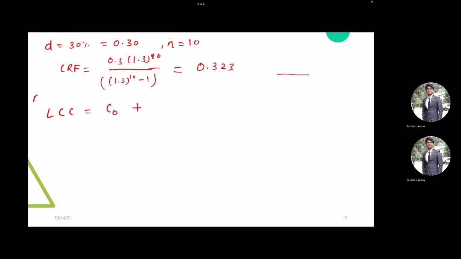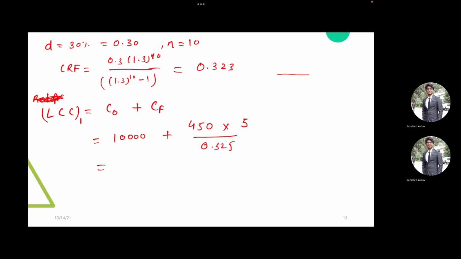Now, the life cycle cost, if you calculate, will be the initial cost, that is C naught, plus the annual cost of fuel, for AC1. We can calculate it as 10,000 rupees plus how many units it is consuming. It is consuming 450 units, and the cost per unit will be 5 rupees, and we have to divide it by the CRF.